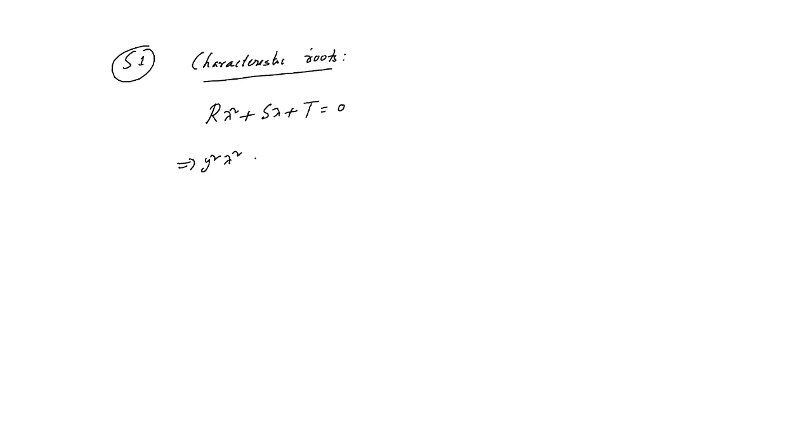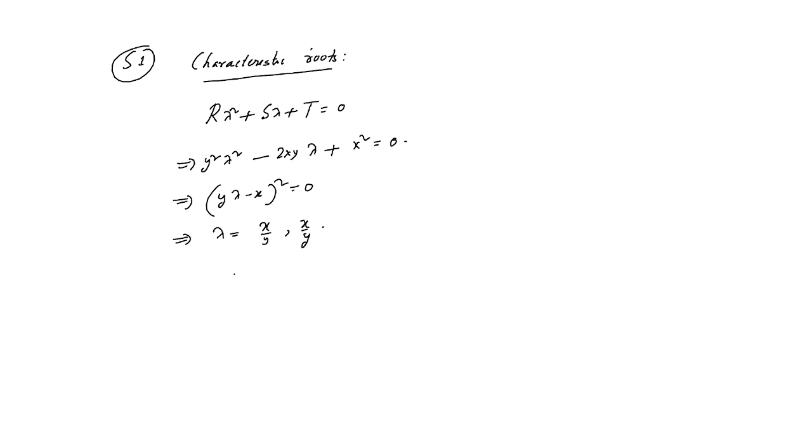So y square lambda square minus 2xy lambda plus T, here x square, equals to 0. So we can write (y lambda minus x) whole square equals to 0, and from that lambda equals to x by y. So here the two roots are real and equal.